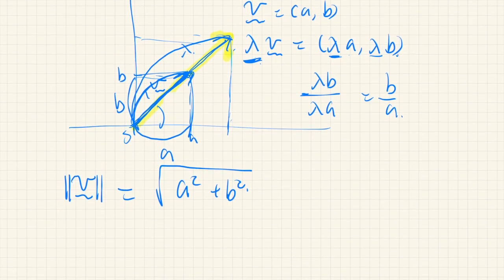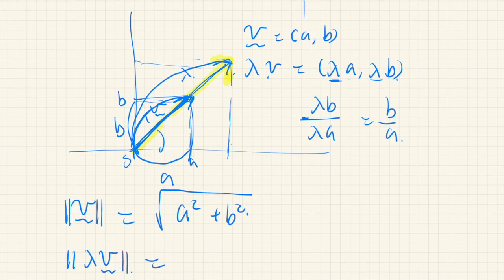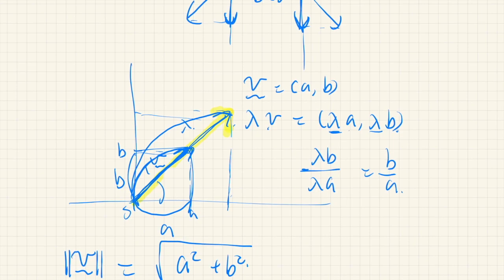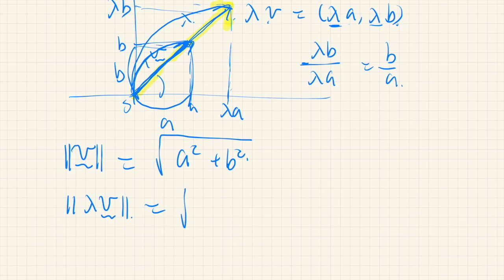And the length of lambda V, which we usually denote as this, should be, because the coordinates are lambda A and lambda B, the square root of (lambda A) squared plus (lambda B) squared.